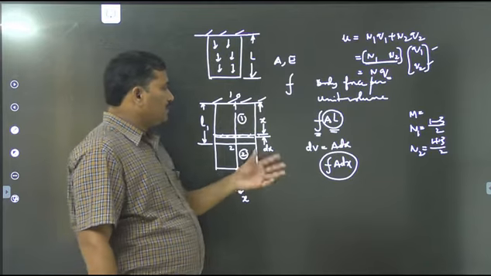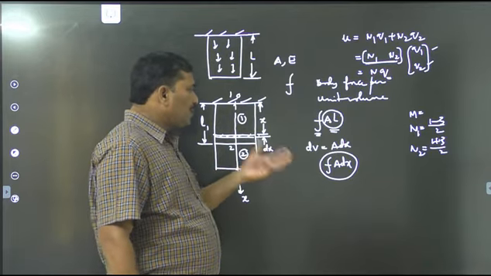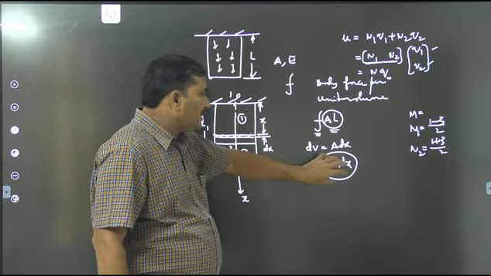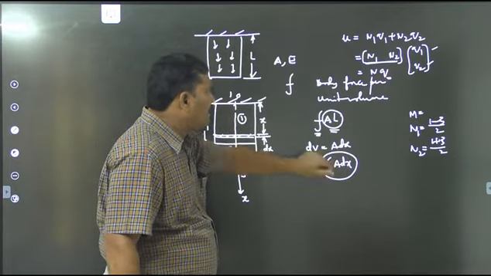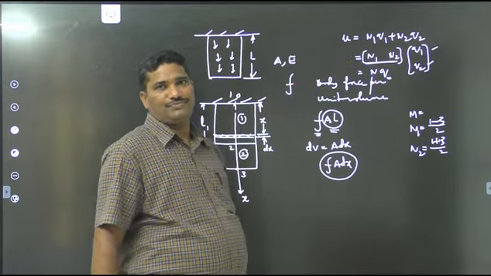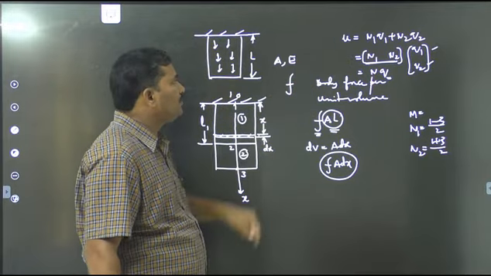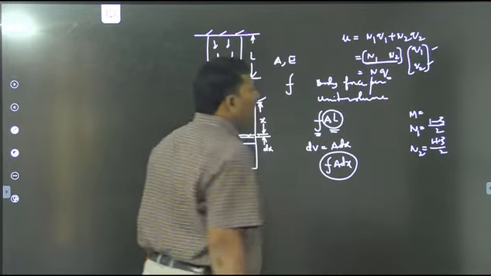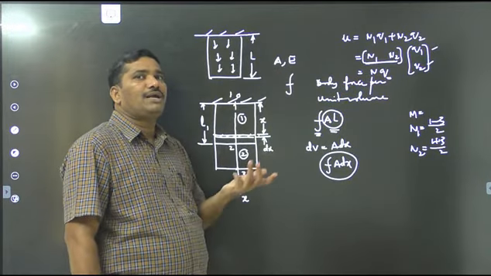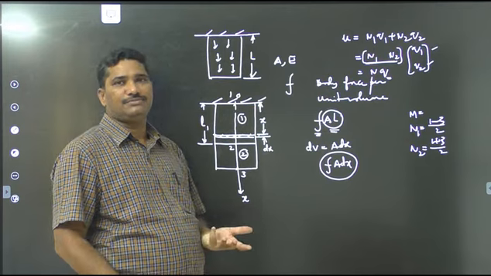Now, the work done by the body force F A dx, how do you get it? By multiplying this F A dx with u. What is u? N into Q. What is the size of N here? 1 by 2. And the size of Q is 2 by 1. Ultimately you get 1 by 1.